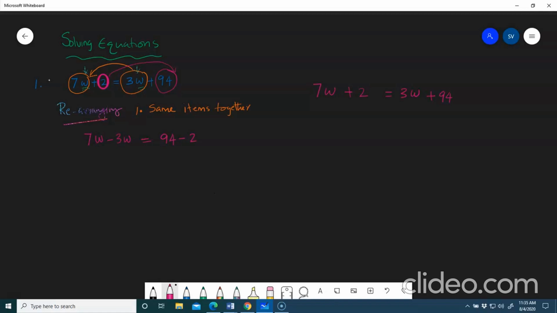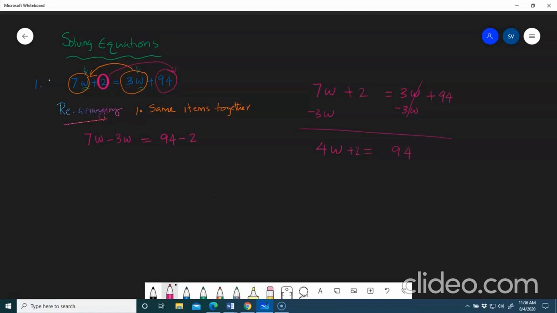This is positive, so to eliminate a positive item, we need to add a negative of the same item on both sides. See then what is happening? This is getting cancelled out. 7w minus 3w is 4w. 4w plus 2 equal to 94.